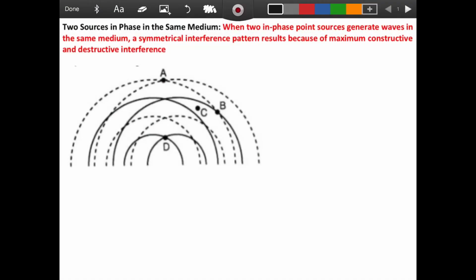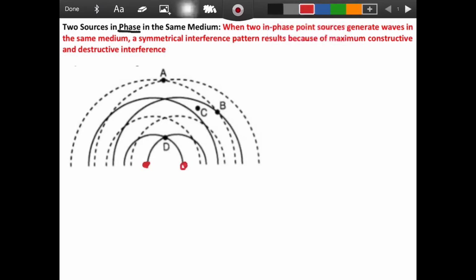Off in our notes. And the next thing up is two sources in phase in the same medium. Now, key to note that they're in phase, so remember that means the wavefronts are moving together. And maybe, based on this diagram here, we have one source starting here and one starting here.